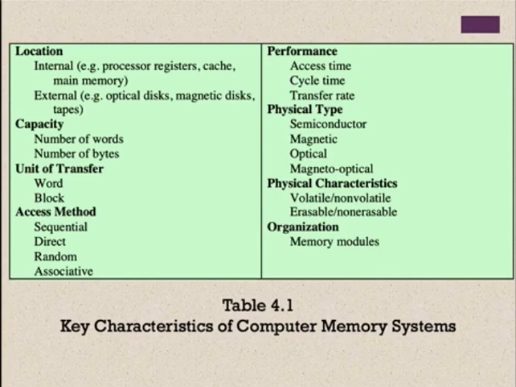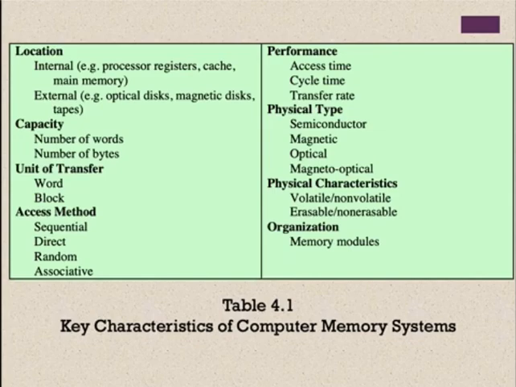Unit of transfer means whether we can transfer data in terms of blocks or in terms of words. By block we mean, when we load data from HDD to RAM, it's in blocks. When we load data from RAM to cache, it's in blocks. And when we load data from cache to register, it's in words or bytes.